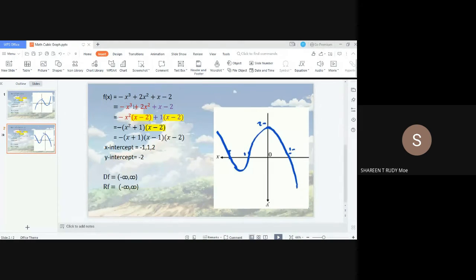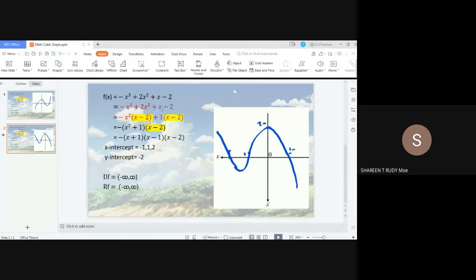For the first two terms, the greatest common factor is negative x squared. So negative x cubed divided by negative x squared, we will get x. 2x squared divided by negative x squared, we will get negative 2. For the last two terms, the greatest common factor is positive 1.